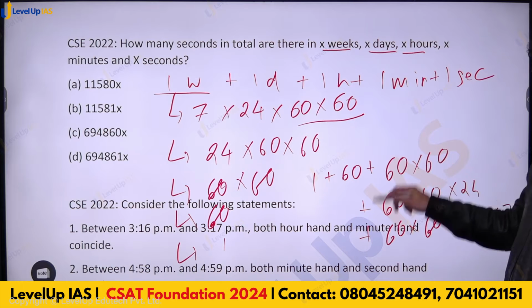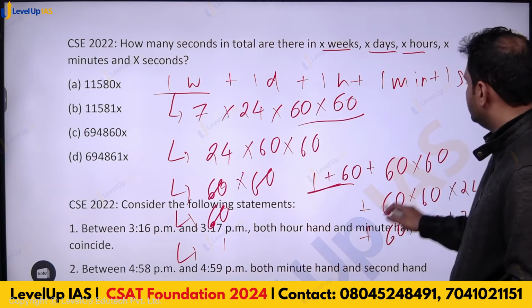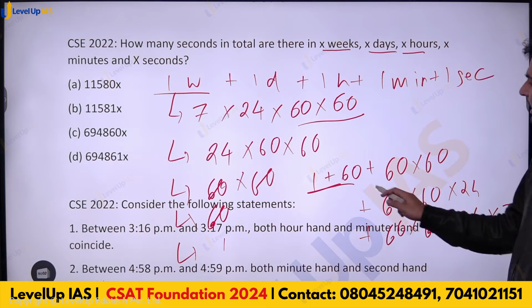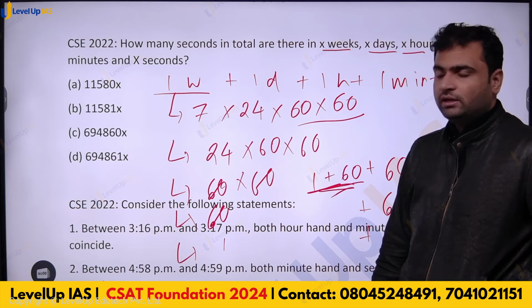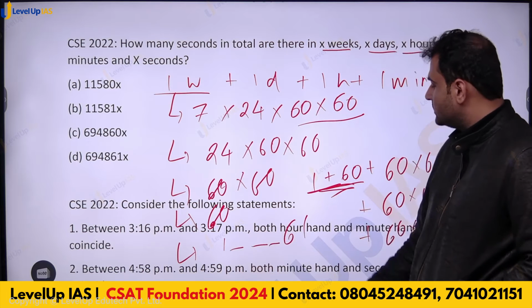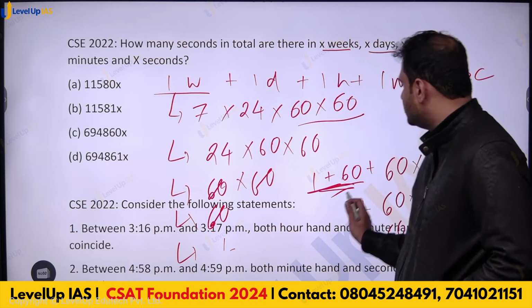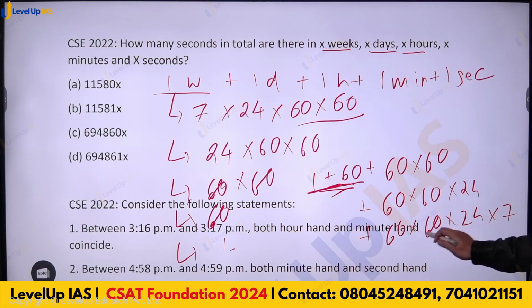From these three things you can take 61, this is 61. Logically, the other terms will all have 2 zeros at the end, and here we have 61 at the end. 61 would be at the units and tens place, because 60 plus 1 is 61, and everywhere else you will have 2 zeros.